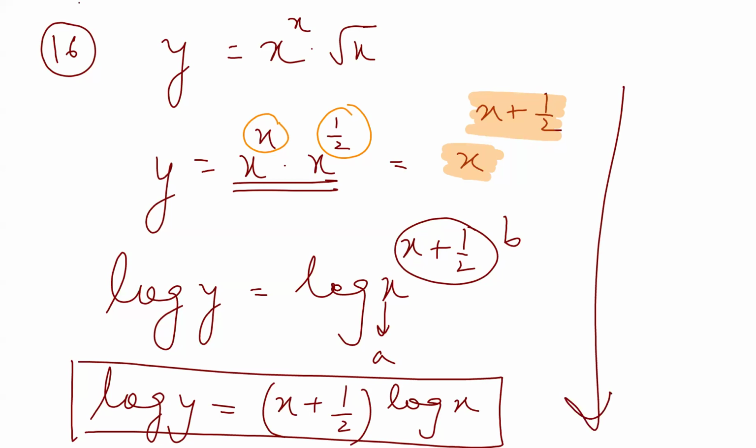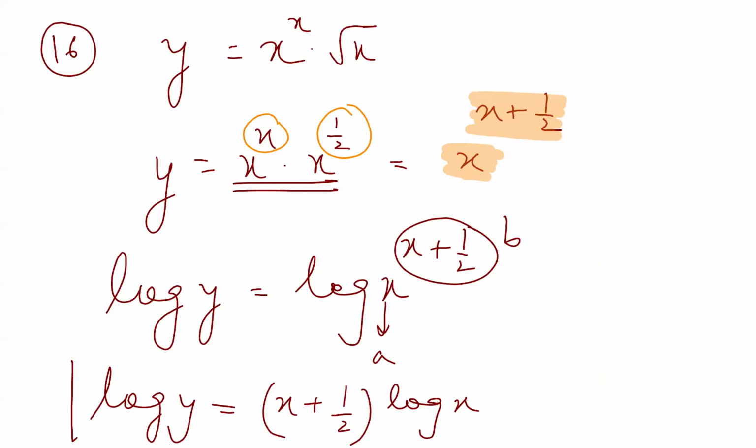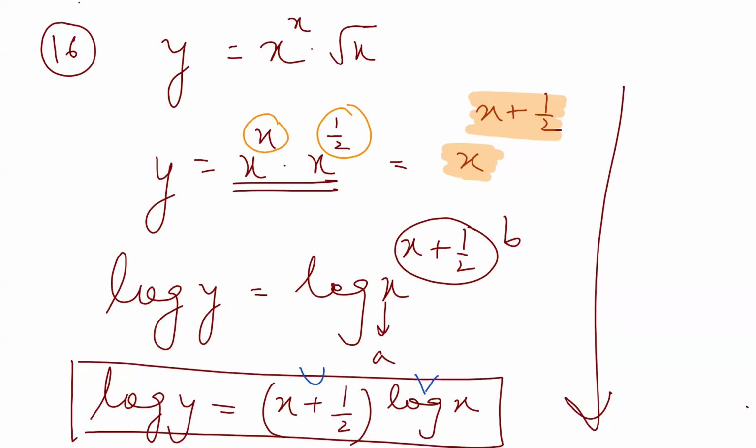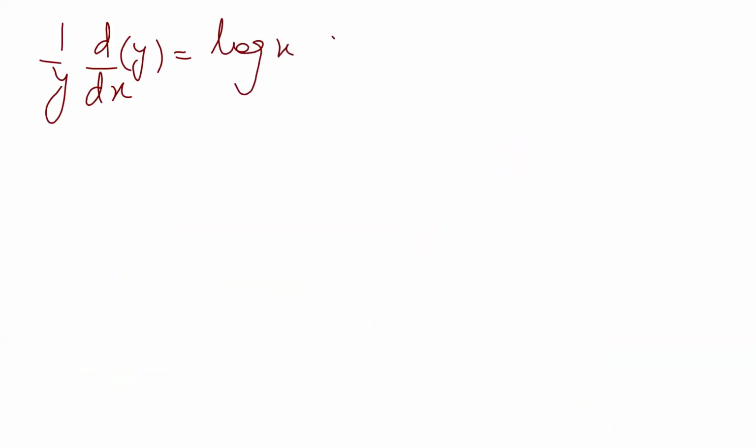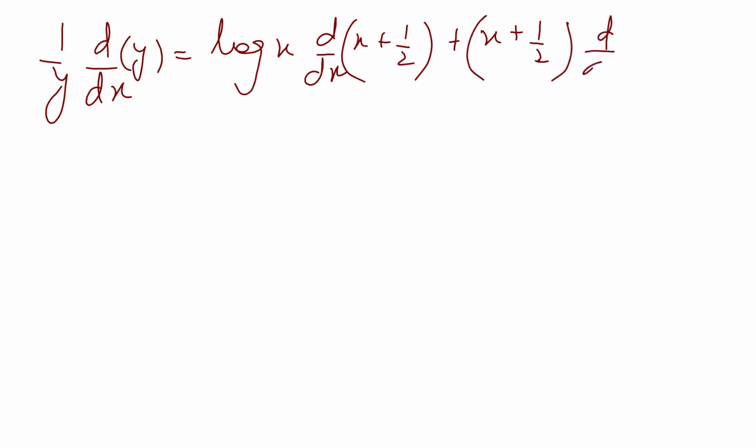So the derivative of log y is 1 upon y d by dx of y. And on the right hand side I'll be doing the u into v rule, that is the product rule. So 1 upon y dy by dx equal to log x d by dx of x plus half, plus x plus half d by dx of log x.